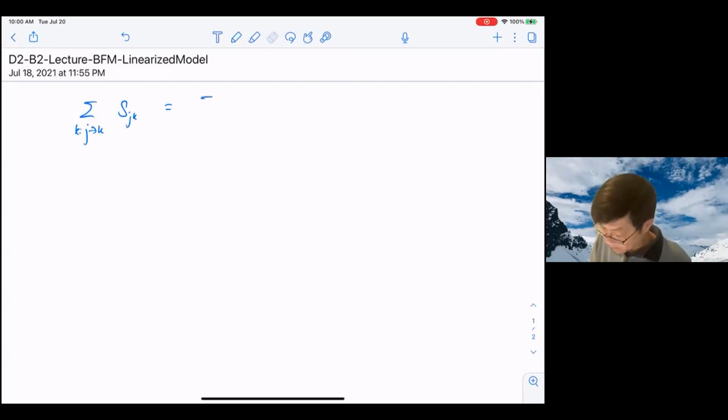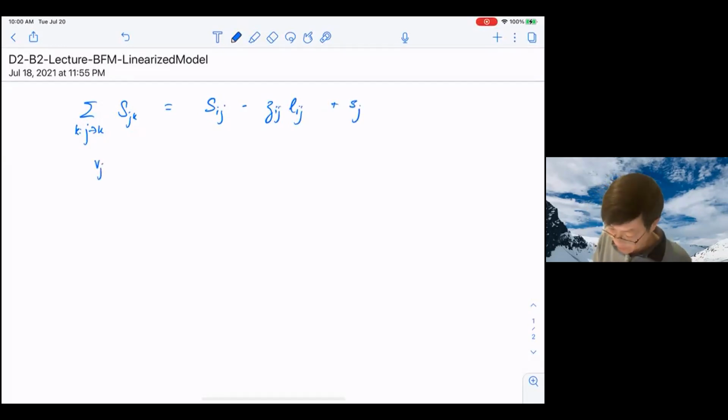And let me use the orientation where all lines point away from bus 0. So this will be S_ij, where i is the unique parent of node j, minus z_ij l_ij plus s_j. So that's the power balance.